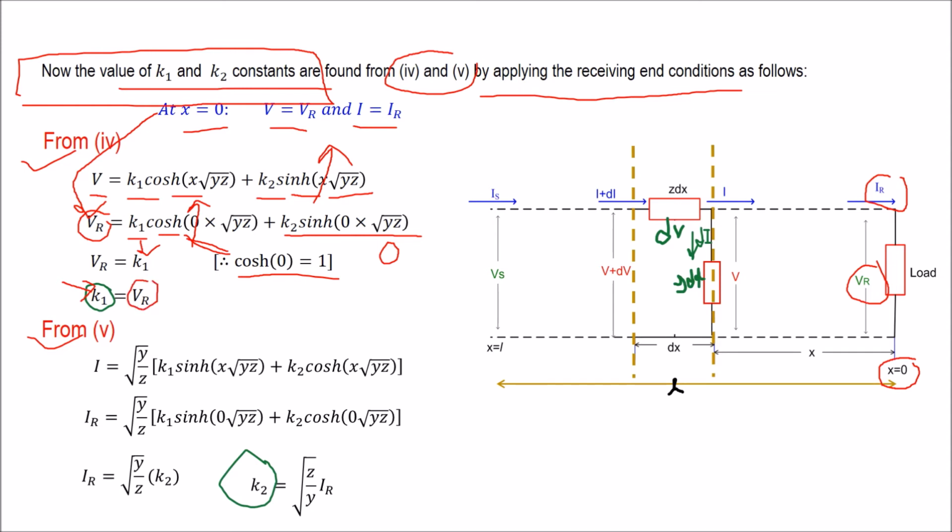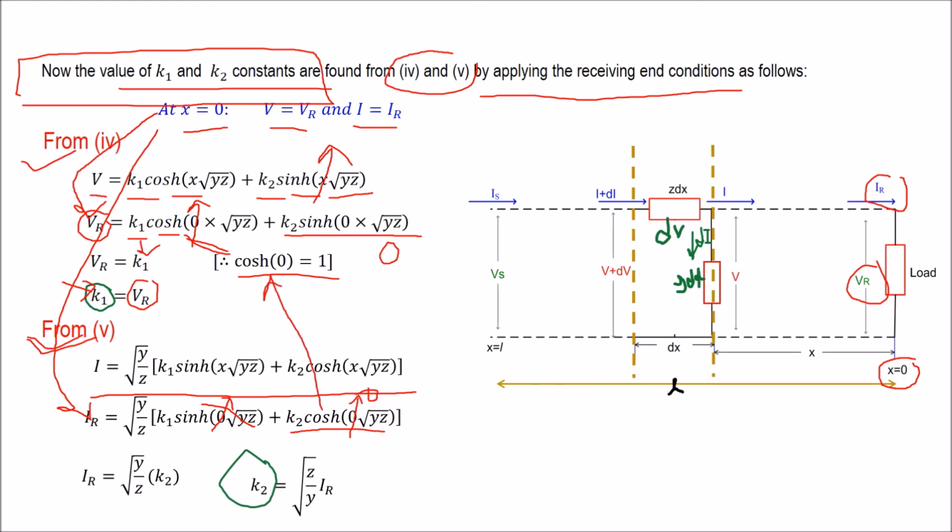Again from equation 5, if we put all these conditions, then I will be IR, right? The sinh term will be 0 and the cosh term will be 1, so the K1 portion is removed and in the other portion we get K2, since hyperbolic cos 0 is equal to 1.